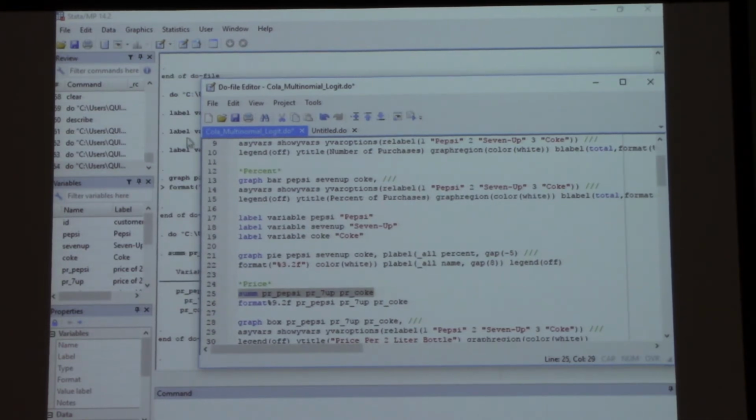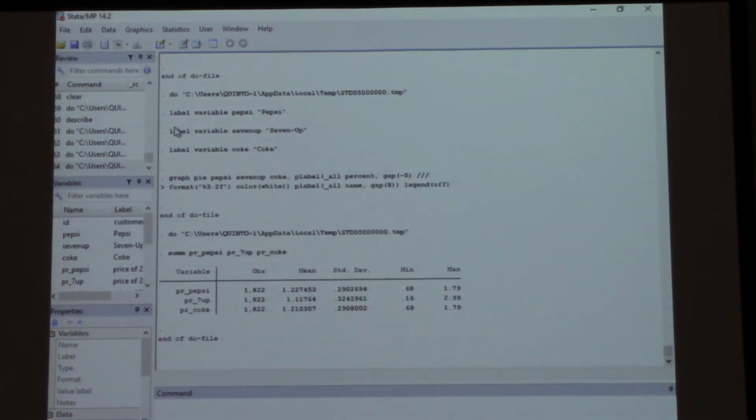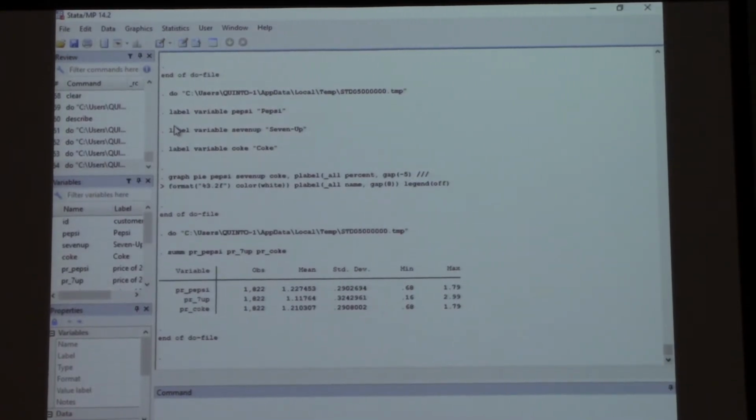Let's look at, oh, these are for 2 liter bottles. So it looks like on average Pepsi's a little bit more, 16 cents, than Coke, and then 7-Up. Yeah, those are pretty cheap. 16 cents to $2.99. It pays $2.99. Yeah.